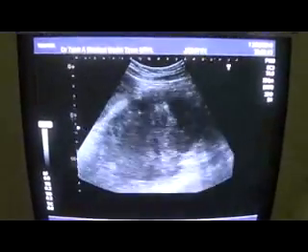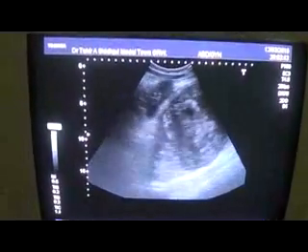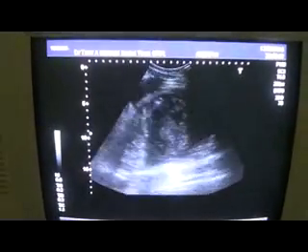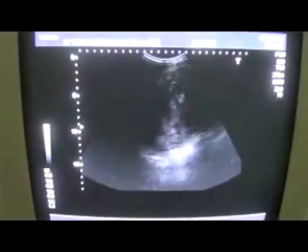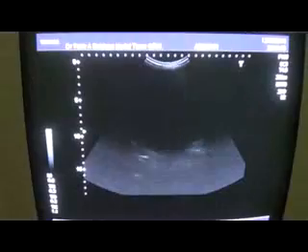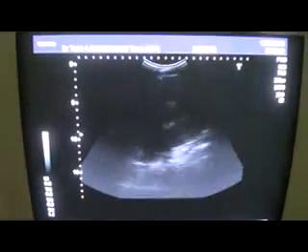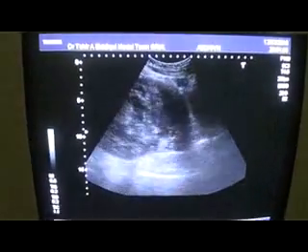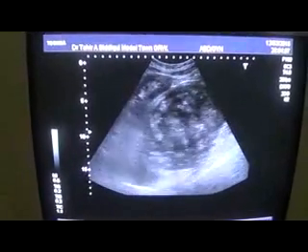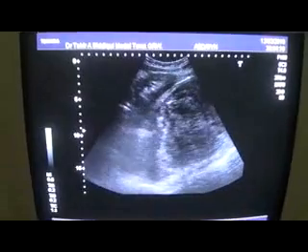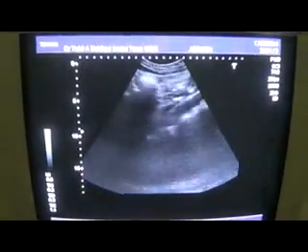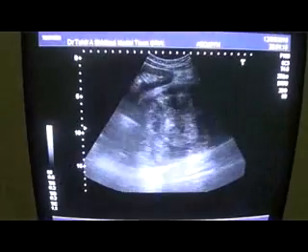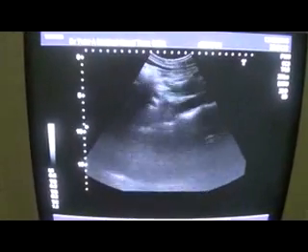And here is the mass. So, a large mass that extends from the left lumbar region, then extends medially and posteriorly to displace the kidney, and then it ends over this portion in the right upper abdominal quadrant, but does not cross the midline.